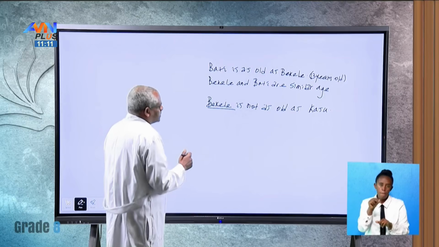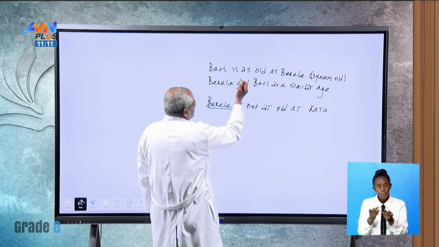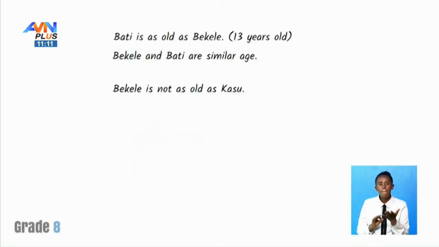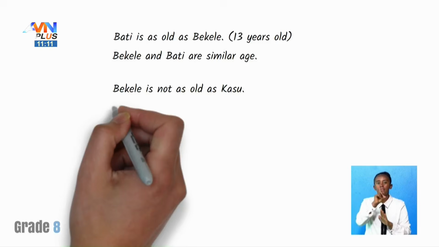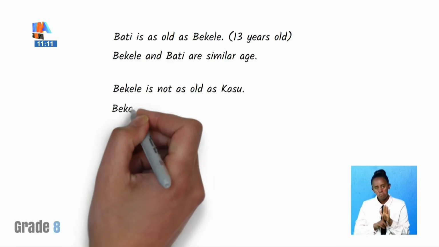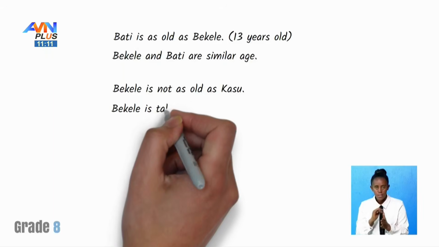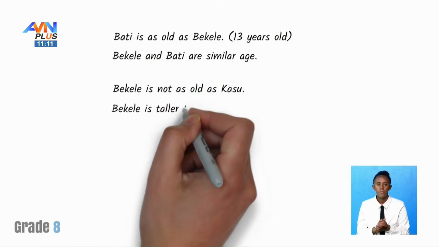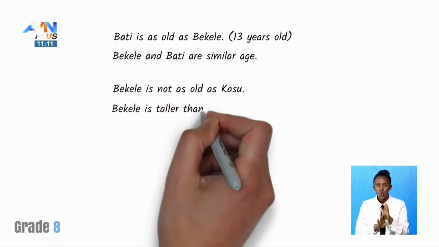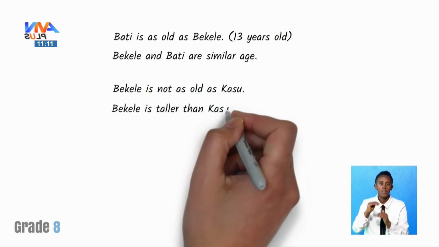Again, let's go and see their what? In the form of their height. Bakala is taller than Kasu.